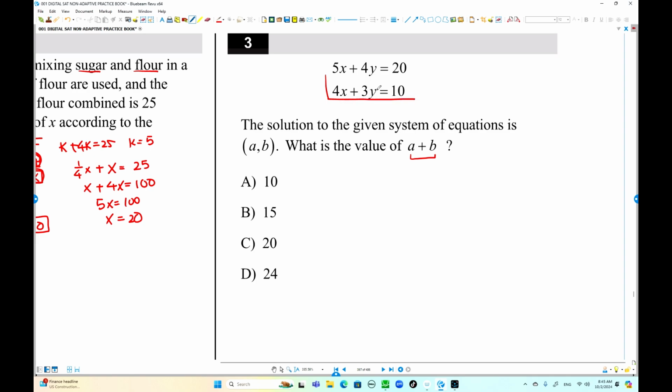When you add, 9x and 7x, nothing to do with this one, because 9 and 7 are different coefficients. Subtract: 5x minus 4x is x, 4y minus 3y is still y, equals 10. This is why x is a, y is b, right? It already has this one. A plus b equals 10, okay? If this is not working, then you have to find x and y individually, okay?